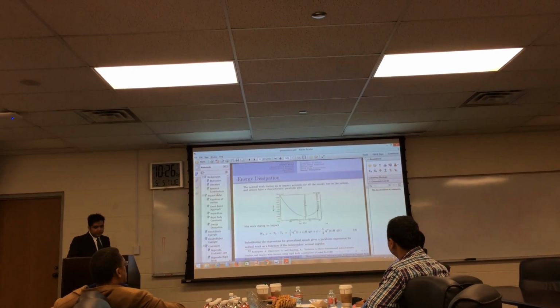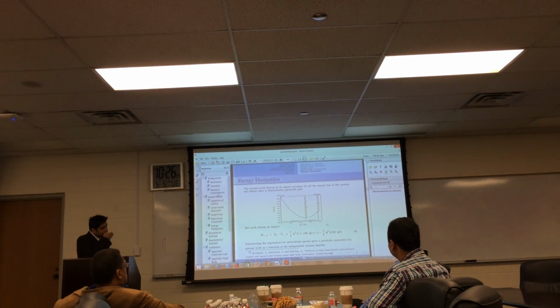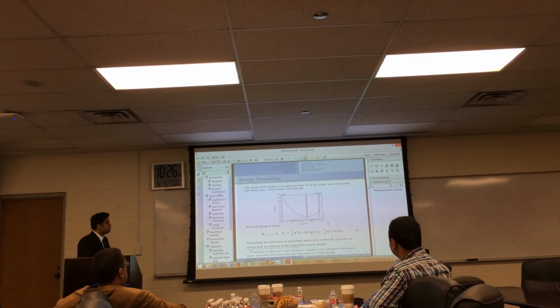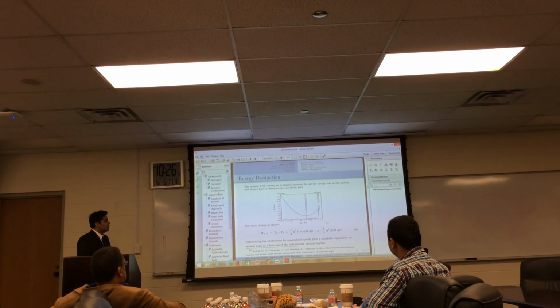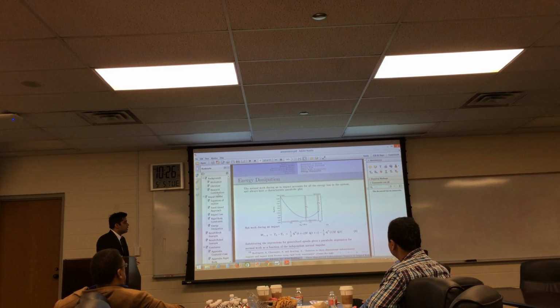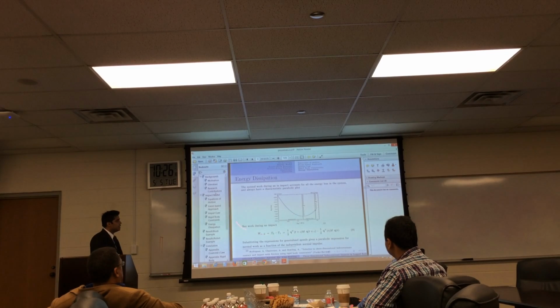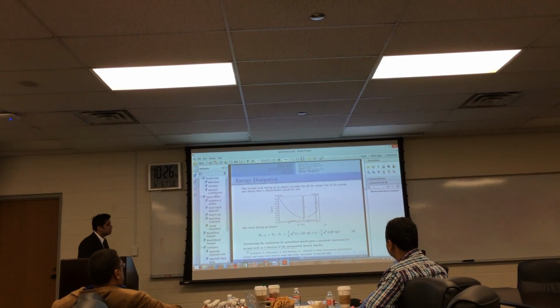So typically, all the energy loss in a system during impact would be captured in the normal work during the impact, and the normal work would typically have this characteristic parabolic equation.